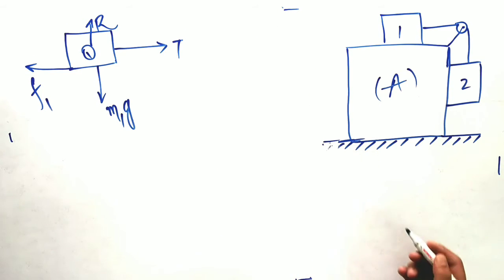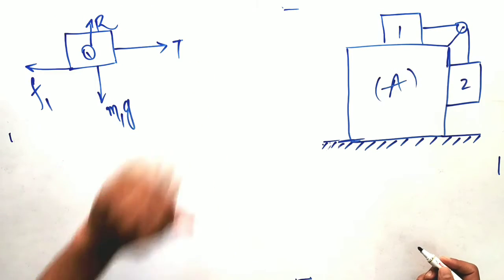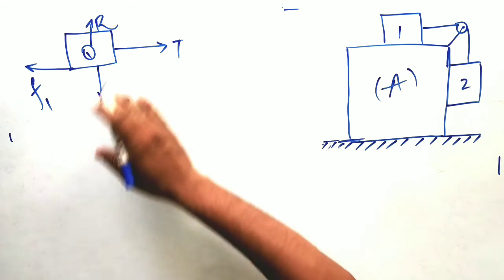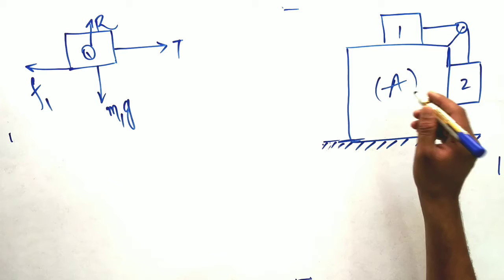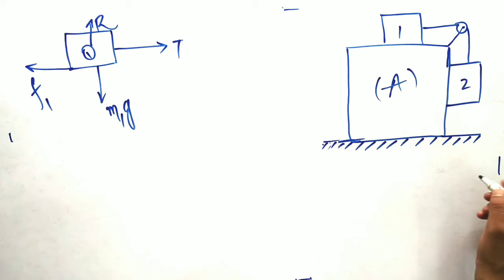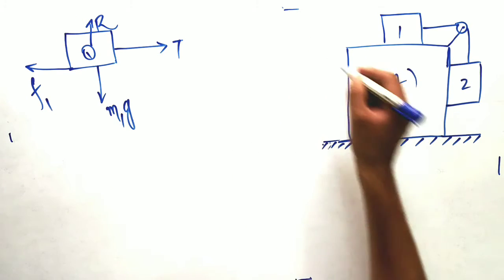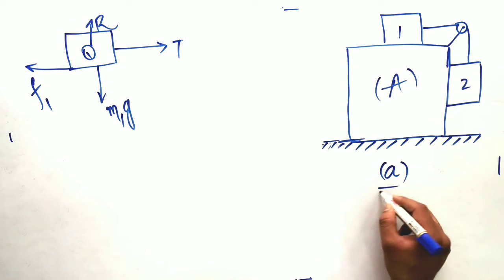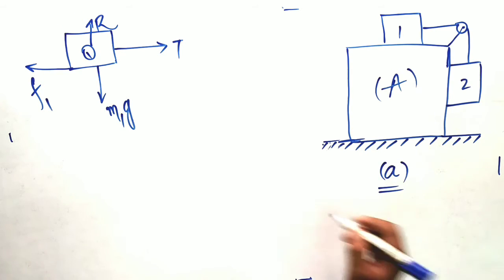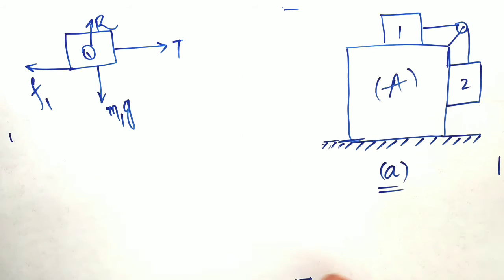Now we will write the equations for the motion of this block. This block is moving along with A, the acceleration of which we suppose is a. The acceleration we have to find. So this also has an acceleration equal to a.